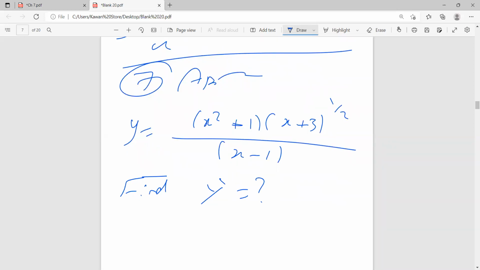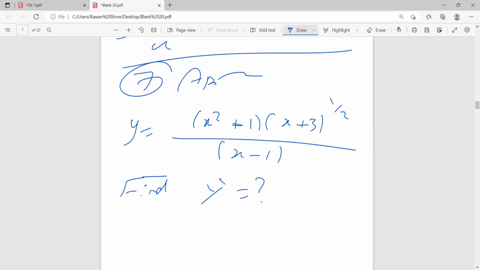Why did we mention this example here? Why? Just guess. Yalla, just guess. Why? For example, during the final exam, I say find the derivative of that one. How can you find it?